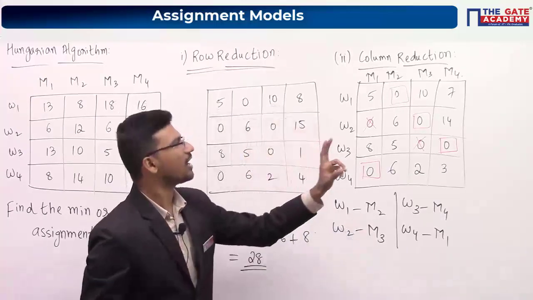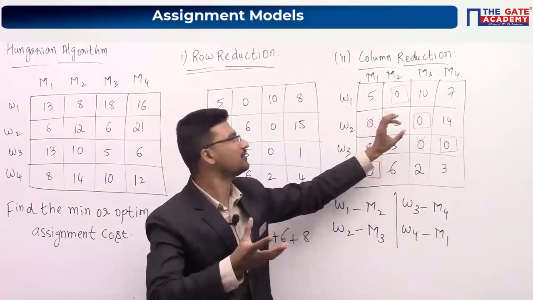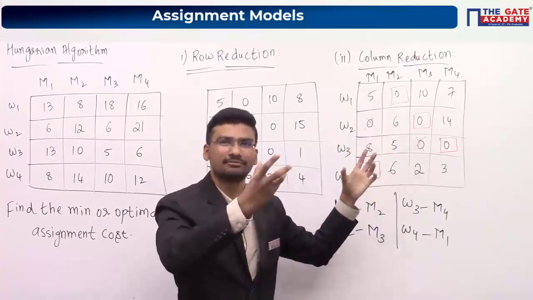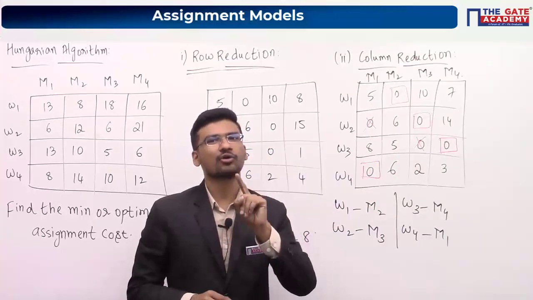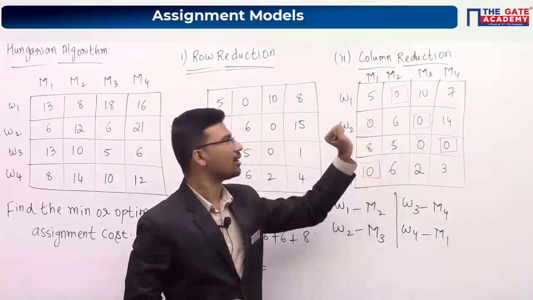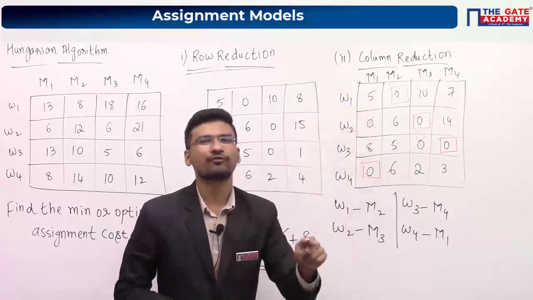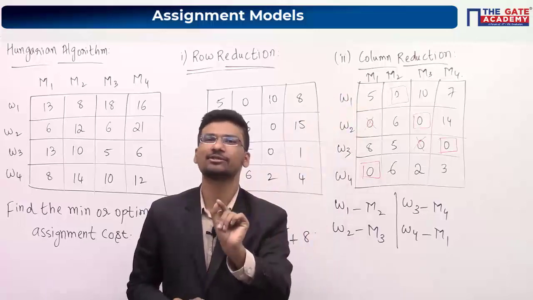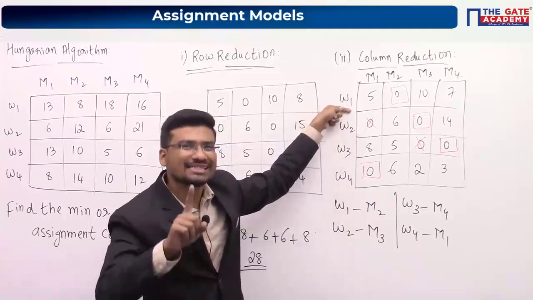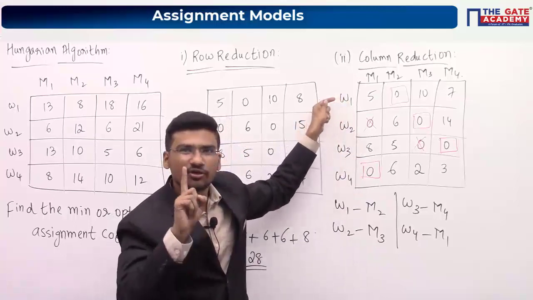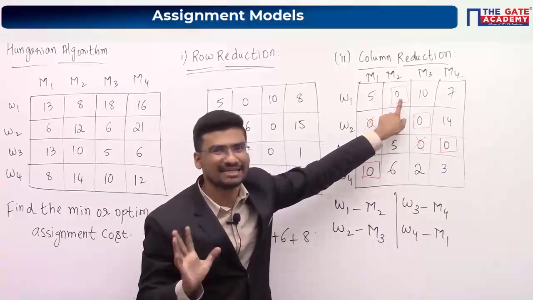People who have not understood this third step, how to do the assignment, you can listen again, I am repeating. In the third step, after doing column reduction, you have to search for single zero rows first. This particular first row is a single zero row. If it is a single zero row, you have to assign here.